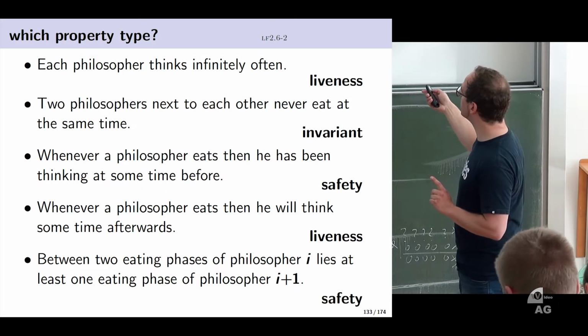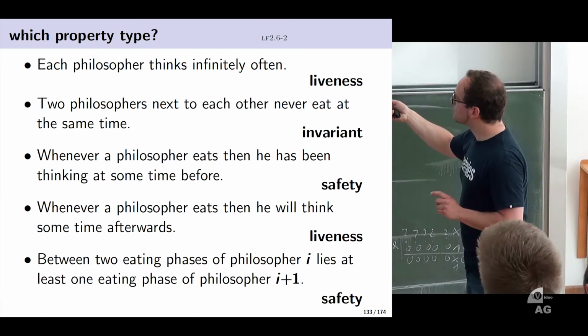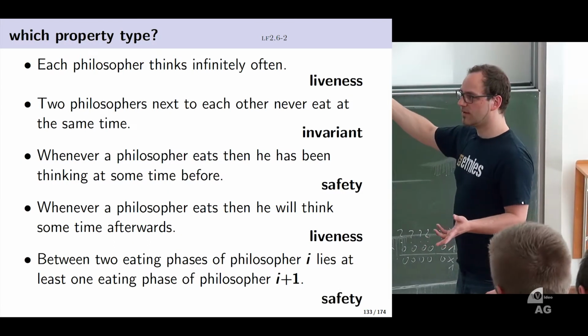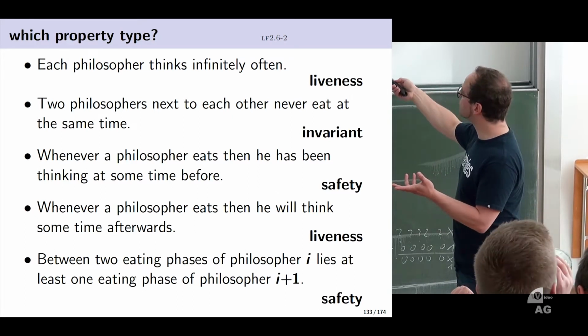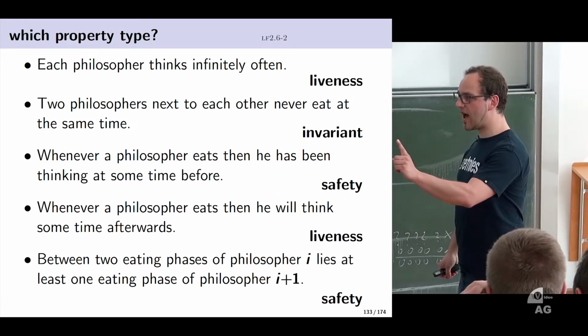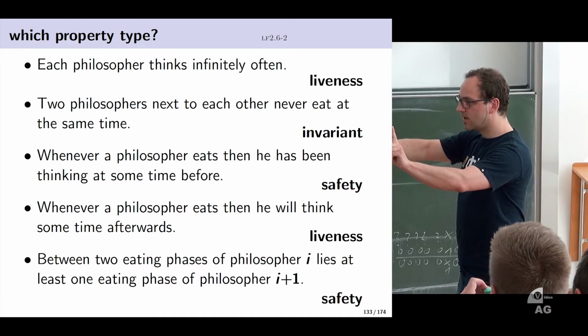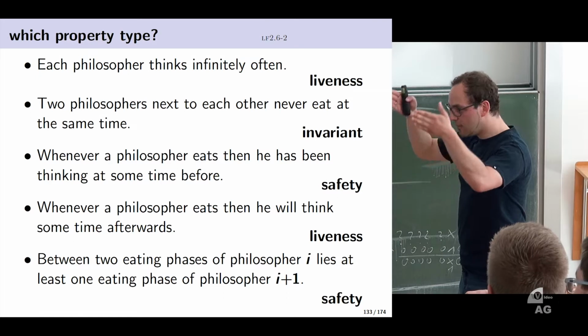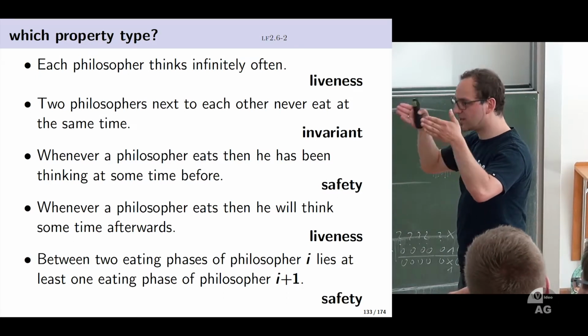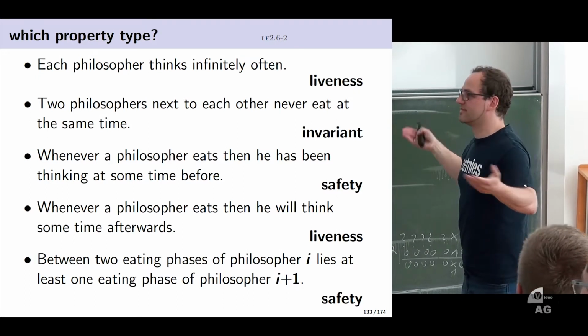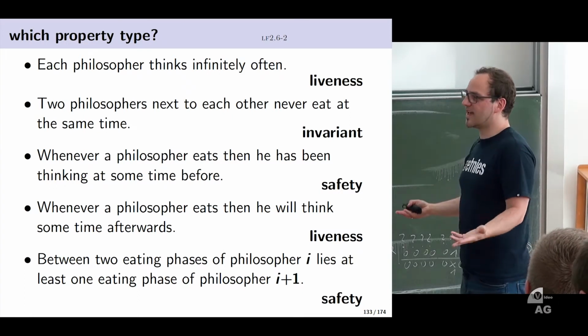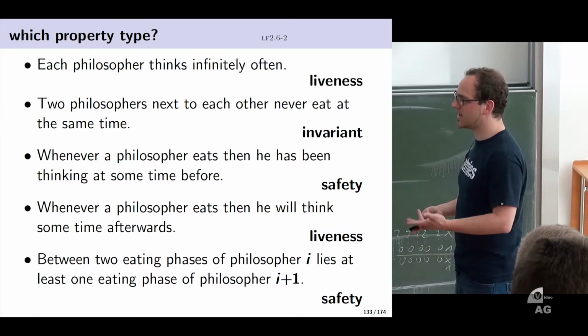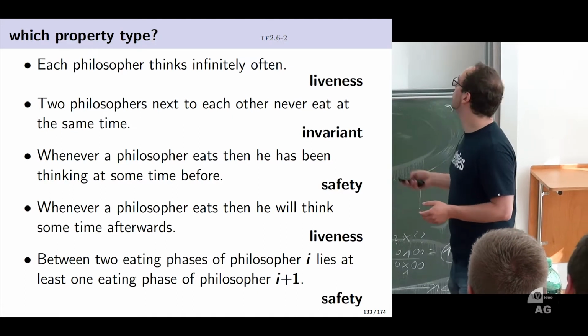So first of all, how can you violate this? Well, if you think about violation of this property, it means that philosopher i ate two times without having philosopher i plus 1 eat in between, right? But if you then give me this prefix that contains this behavior, there's nothing I can do. I cannot extend it to be contained in the property again, right? So safety.